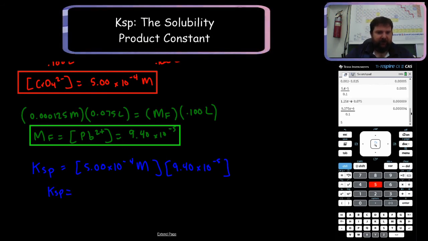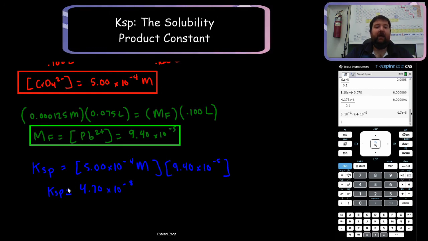So we have 5 times 10 to the negative 4 times 9.4 times 10 to the negative 5. And that's 4.7 times 10 to the negative 8. All right, 4.7 times 10 to the negative 8.